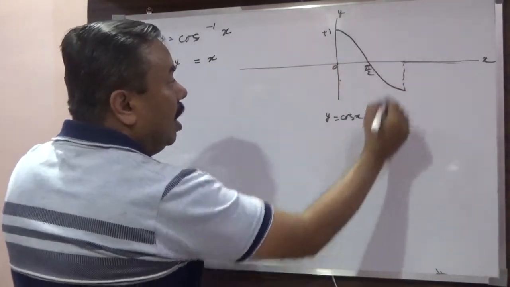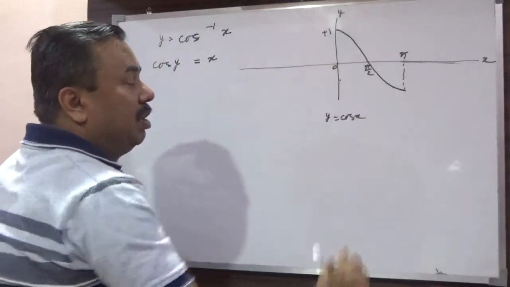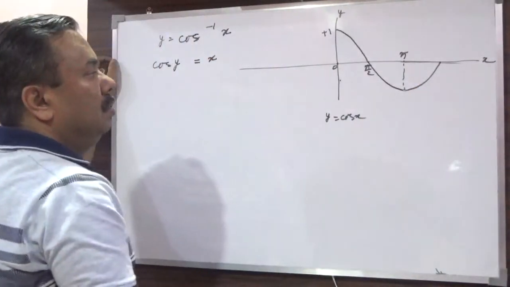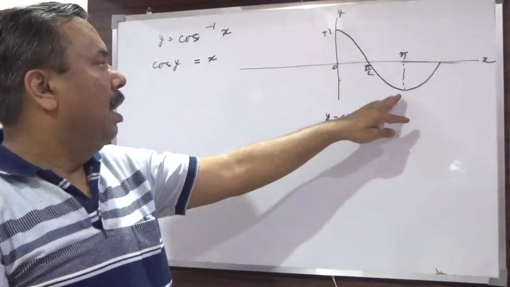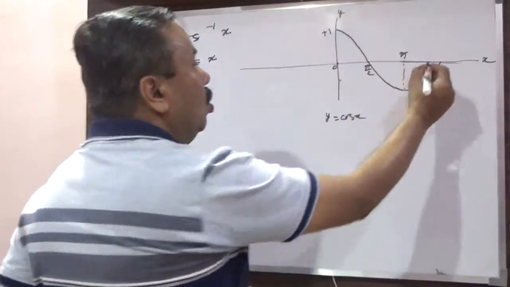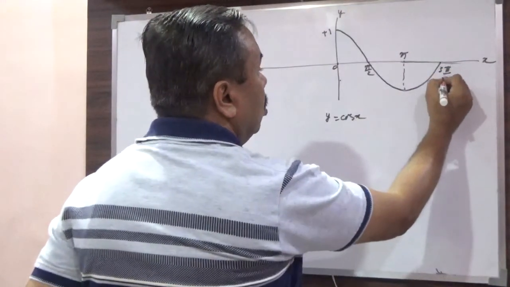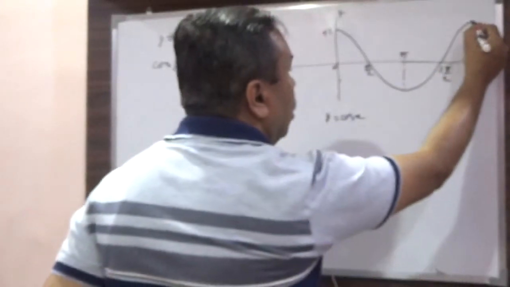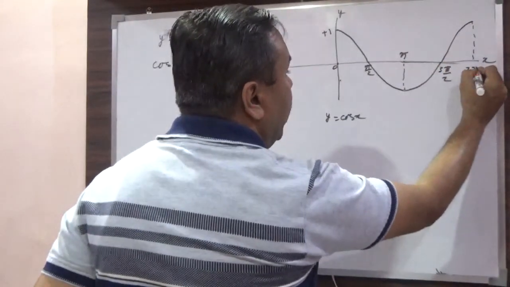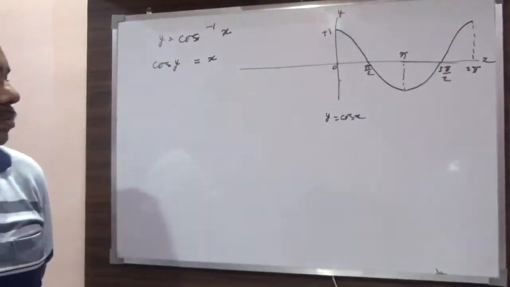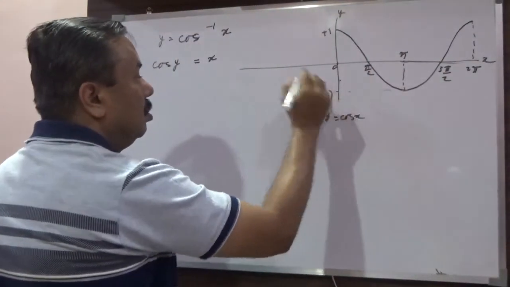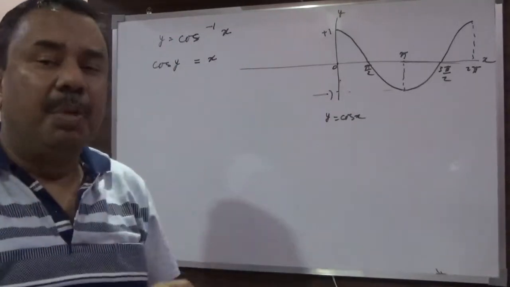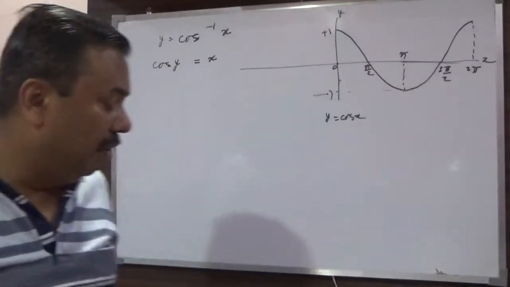At pi it was minus 1, and then at 3 pi by 2 it was once again 0, and then at 2 pi it was 1. So this was the graph. A similar graph will be transposed when I am reversing the function.